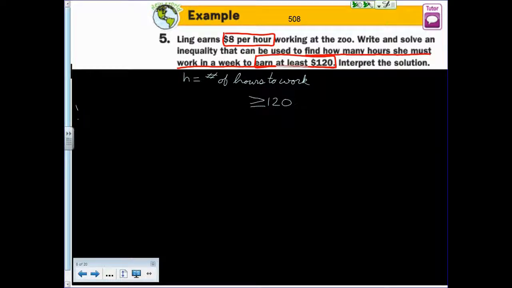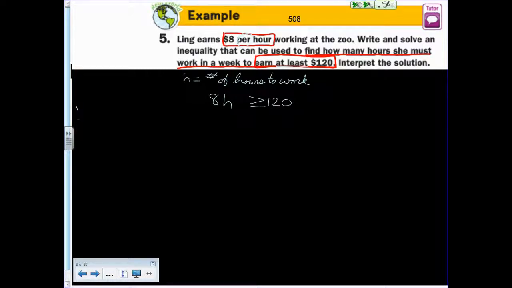And there's that magic word per up here, which often tells us that this is going to be a coefficient where we multiply the 8 times our variable hours. So we take our $8 per hour, multiply it times our hours, and that's going to give us the amount of money she earns. And we want that amount of money to be bigger or equal to $120.